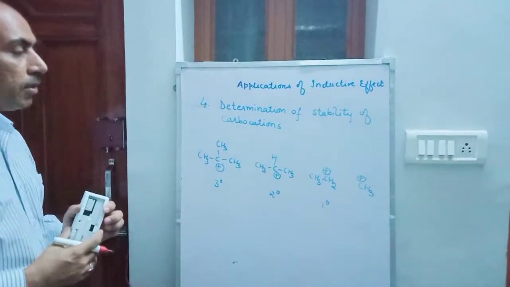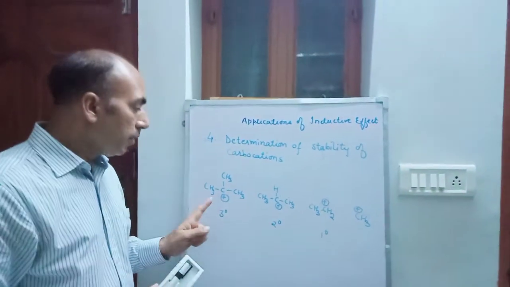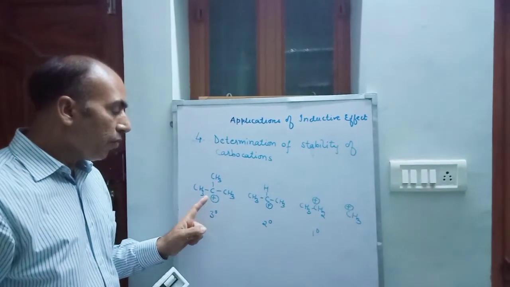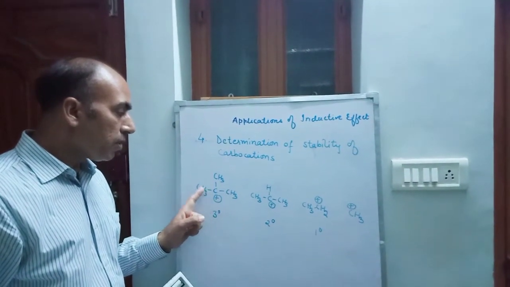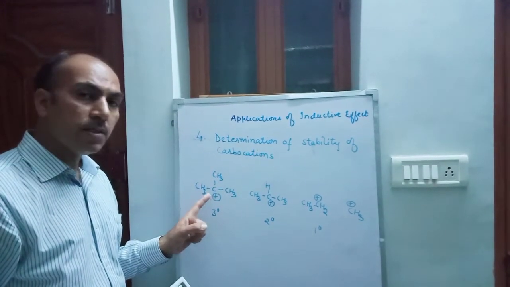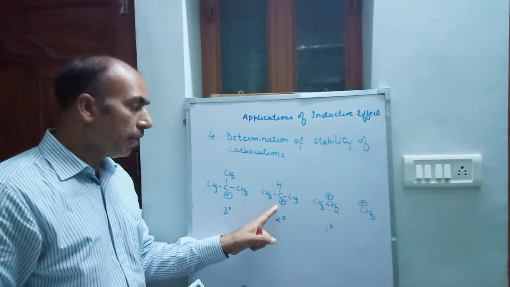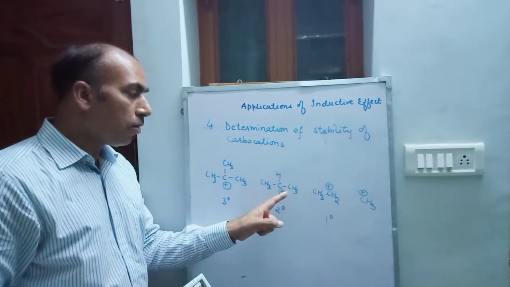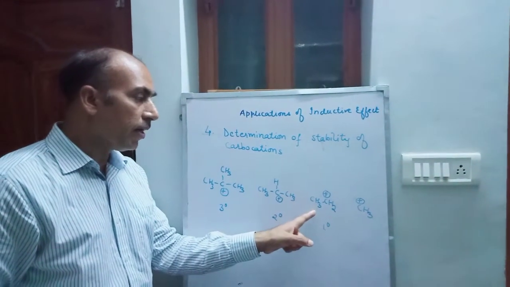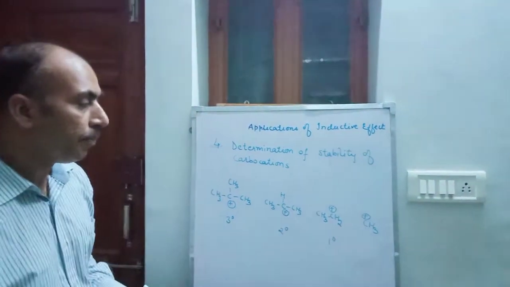See, these are the 4 carbocations. This is the tertiary carbocation where the positive charge is on the carbon, which is attached on 3 sides to carbon, it is a 3 degree carbocation. This is 2 degree having alkyl groups on 2 sides. This is 1 degree and this is methyl carbocation.